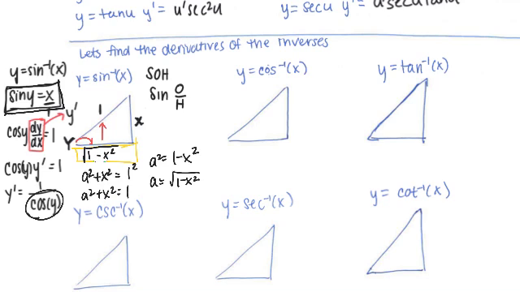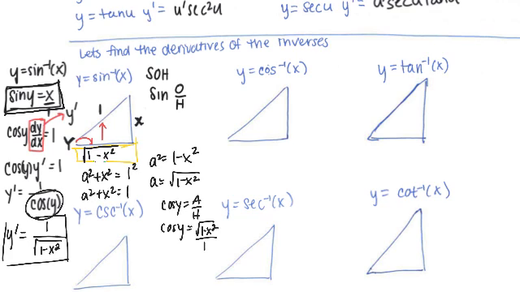So y prime equals 1 over the square root of 1 minus x squared, because cosine of y equals the square root of 1 minus x squared over 1. So I put that in the denominator. And this is the derivative of sine inverse of x.